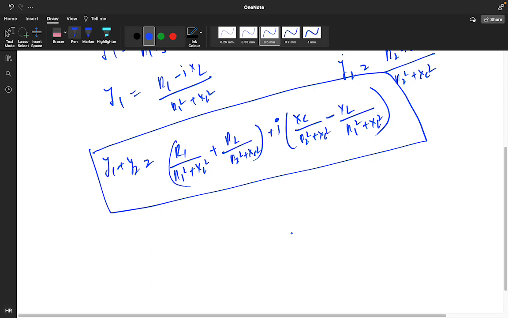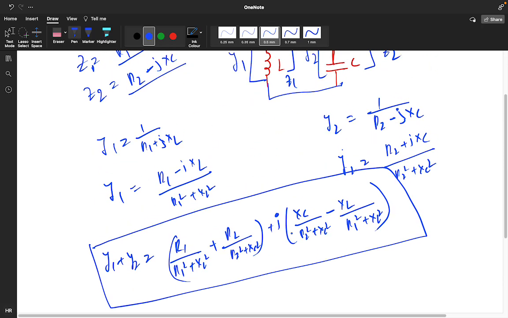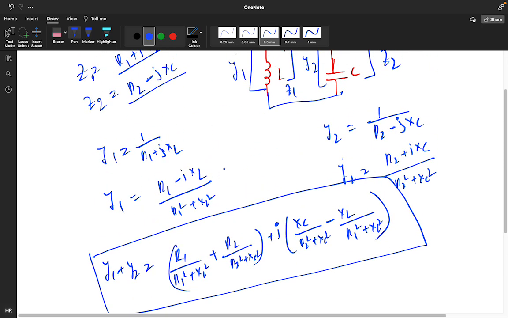No. Okay. So see, if you break this form into two parts, R1 divided by R1 square plus XL square minus jXL divided by R1 square plus XL square.